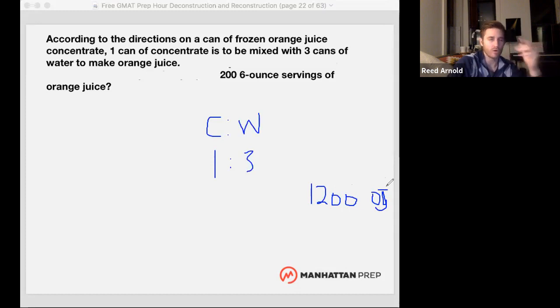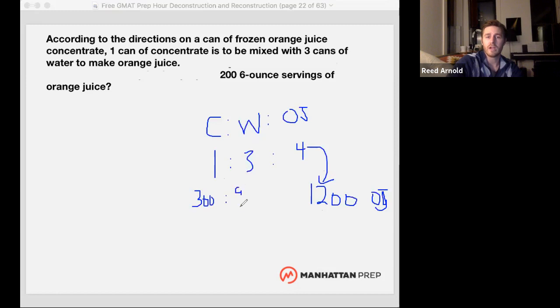We call that the unknown multiplier in our literature if you have our books. If the ratio is 1 to 3 to 4, and there's actually 1,200 ounces of OJ, then we multiply by 300. So we actually have 300 to 900 to 1,200.